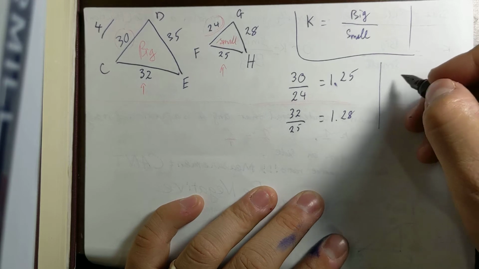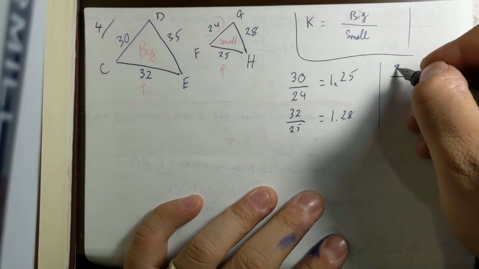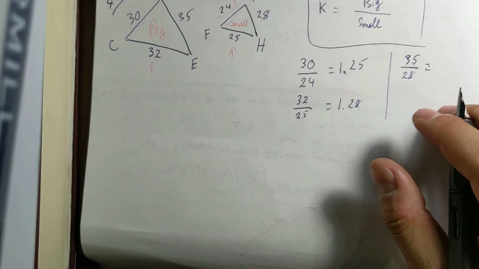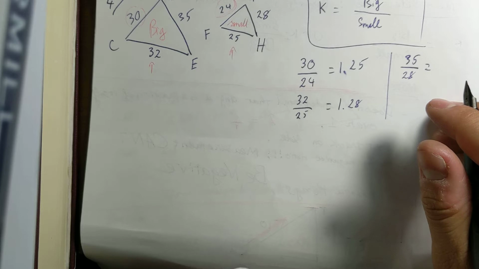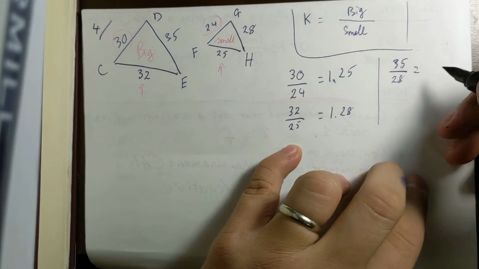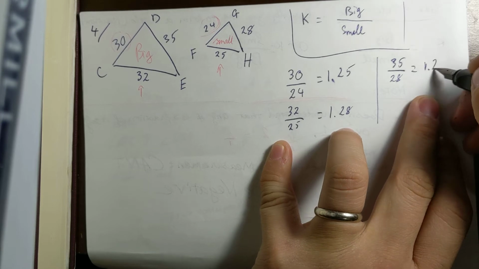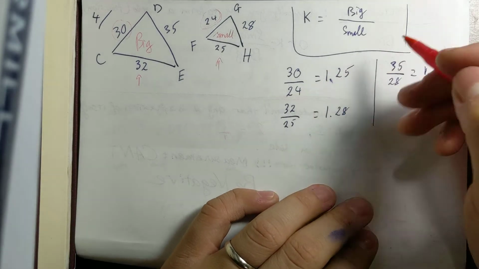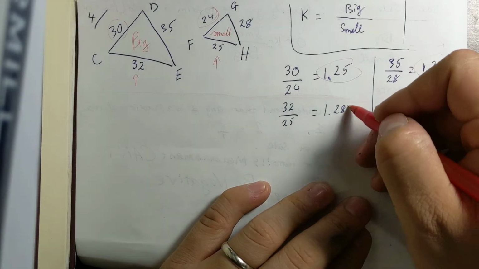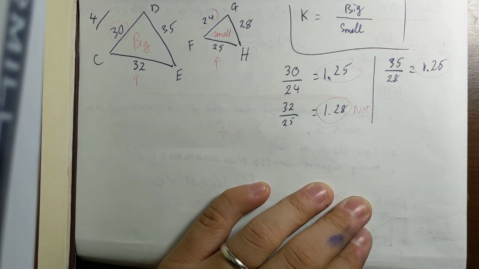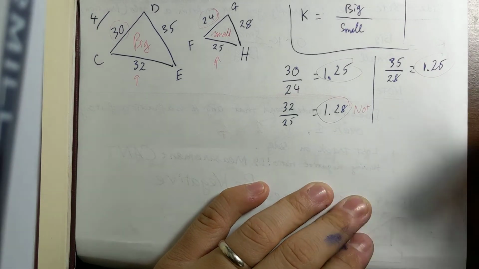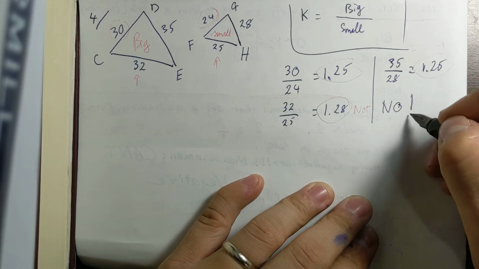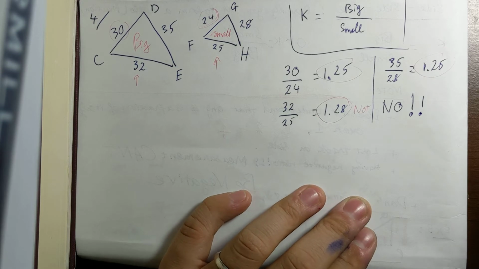And last but not least will be the biggest, which is 35 over 28, which is 1.25. Now, do we have the same ratios? Well, this and this are exactly the same, but this is not. From there, we can say that no, they are not similar. They're not similar whatsoever.